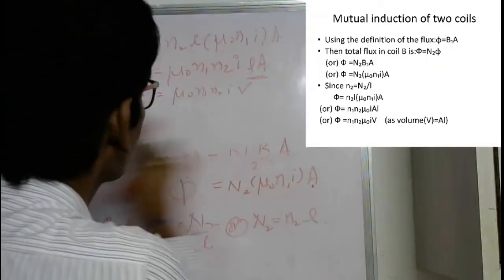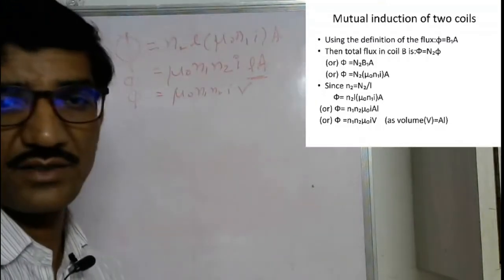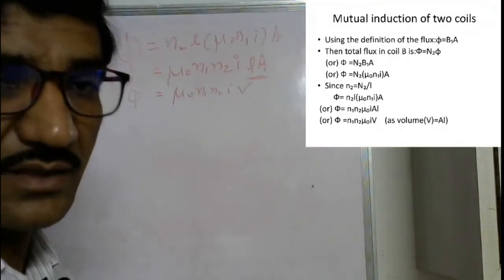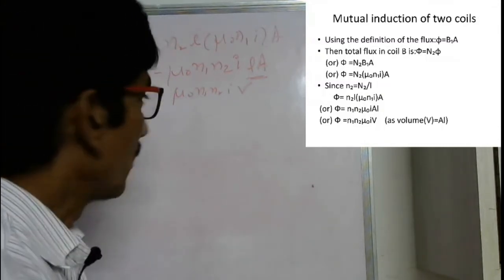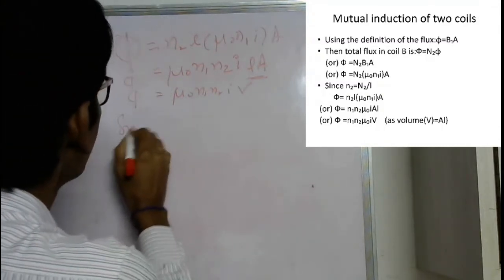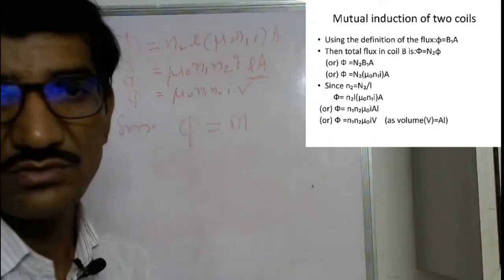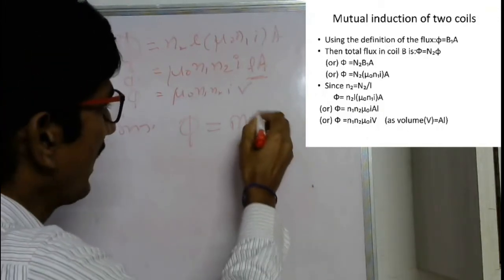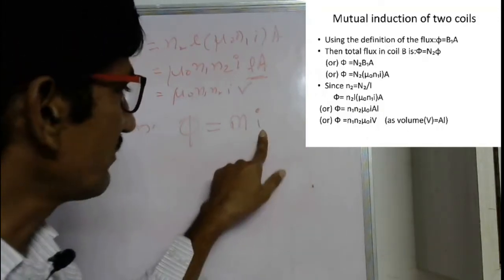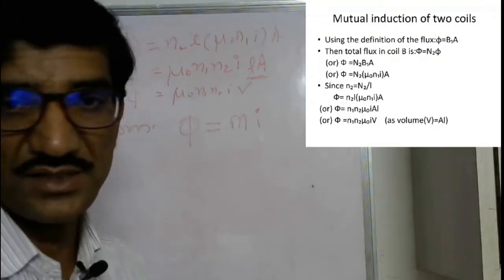But we already have one formula for the flux linked with the second coil, in which we have the induction due to mutual induction between the two coils. Just now we wrote phi as M I. This is the current in the first coil, this is the flux linked with the second coil, and this is the mutual induction.